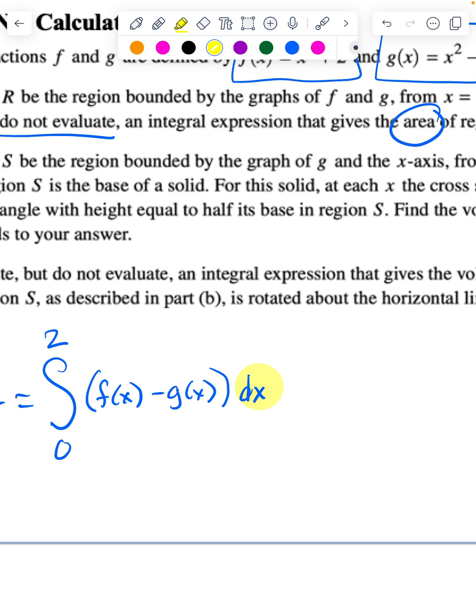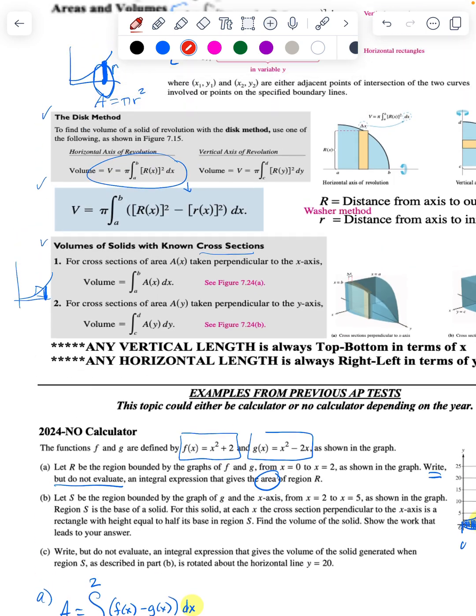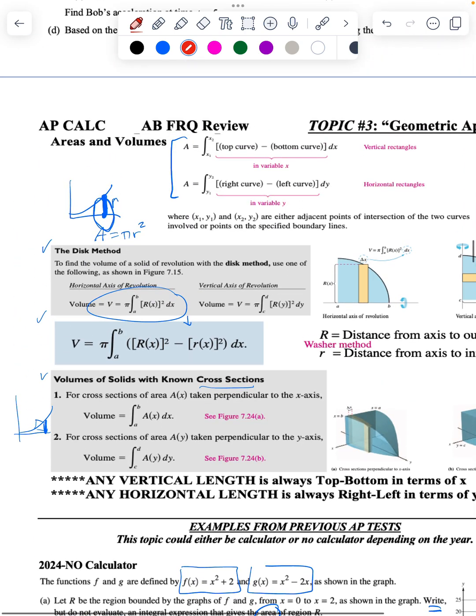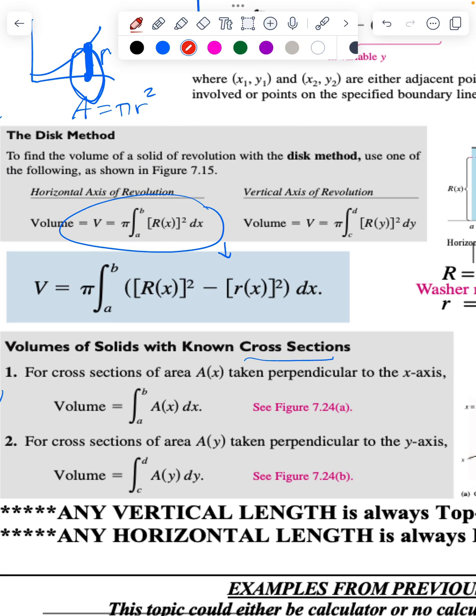Speaking of variables, that's one of the things that is tricky about this: am I writing my equation in terms of y or in terms of x? The only time you have to switch is as they go to different axes. And that's up here too, kind of reminding you to think about horizontal.